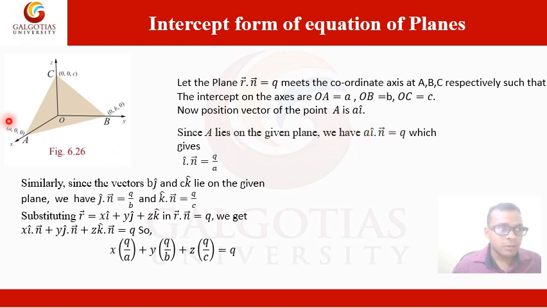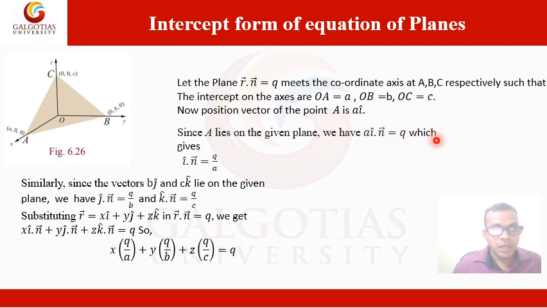So I can write A as a i cap plus 0 j cap plus 0 k cap. The 0 j cap and 0 k cap vanish here. The only thing that happens is a i cap dot product with n cap. What is n cap? n is your perpendicular vector, the normal vector, and the dot product gives q because it is a plane.